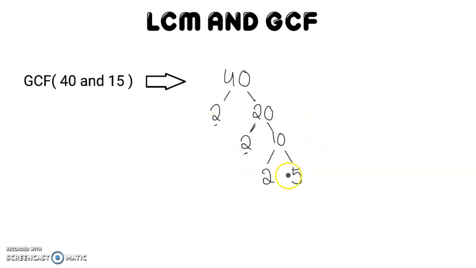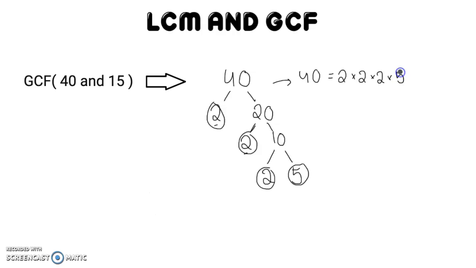Now, I can't reduce any of the numbers anymore because they're all prime. So, now, that tells me that I've prime factorized 40. So, the prime factorization of 40 is equal to 2 times 2 times 2 times 5.